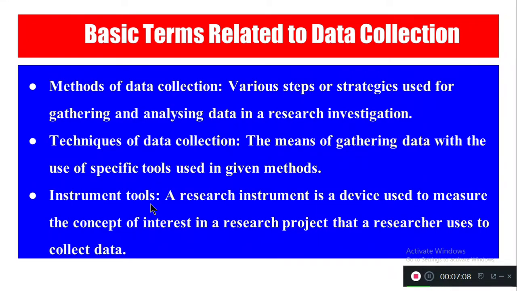Like that, we use various tools, such as ABG analysis. That is also one type of tool which we use to assess the blood gas. So this is instrument. To assess the weight, we use weight machines. So these are the three basic terms. You should not confuse them with each other.